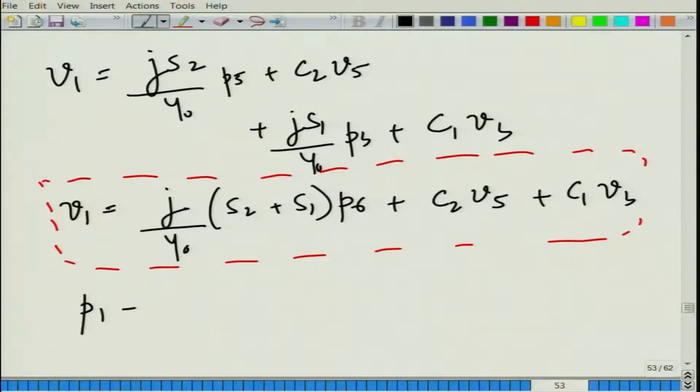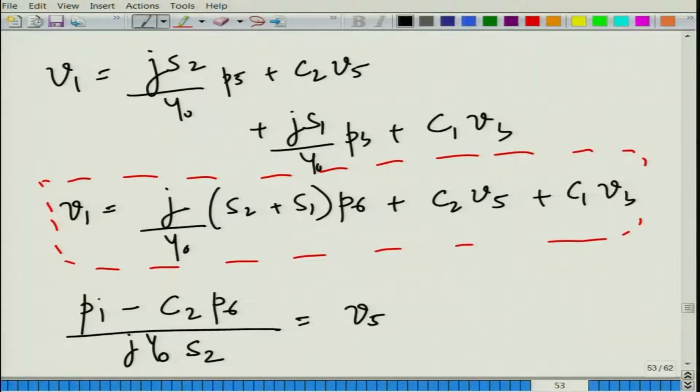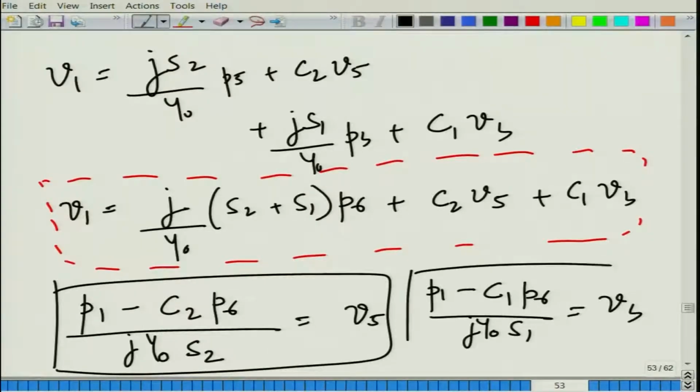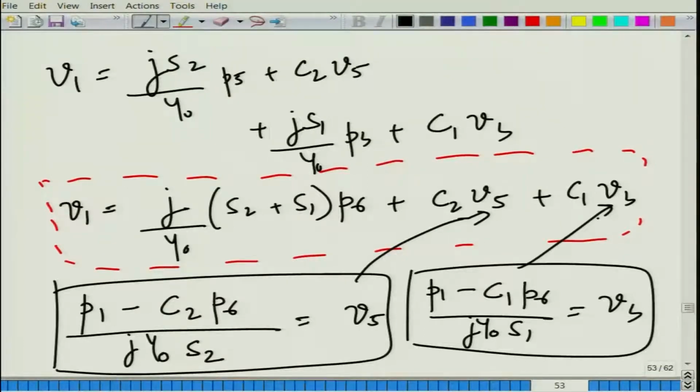So, P1 minus C2 into P6 by j Y naught into S2 is equal to V5. Okay. And similarly P1 minus C1 P6 by j Y naught S1 will be equal to V4. Okay. So these two can straight away be substituted in this equation.